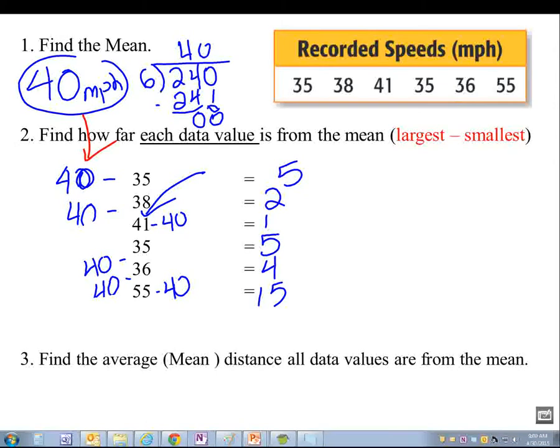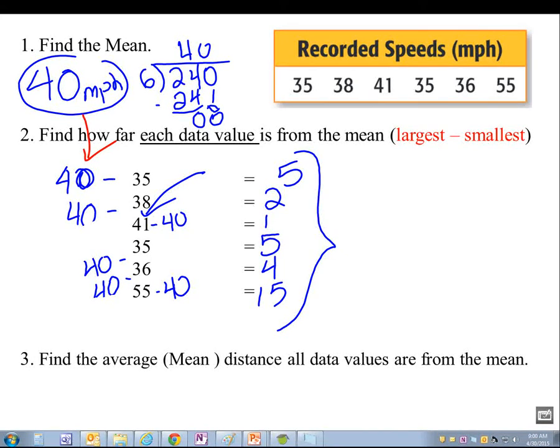Now, our next step is we need to find the average distance of all the values from the mean. So we're going to find the average of those numbers. So we're going to do what? How are we going to find the average of those numbers? Yes? Beautiful.